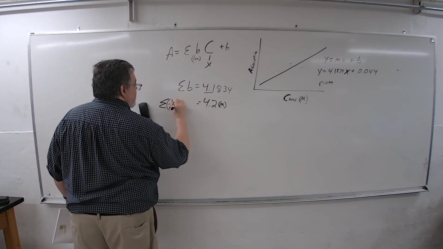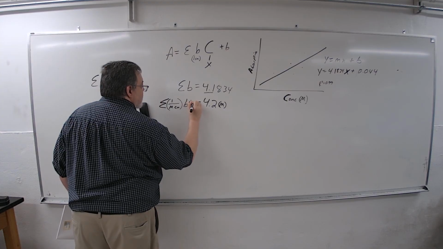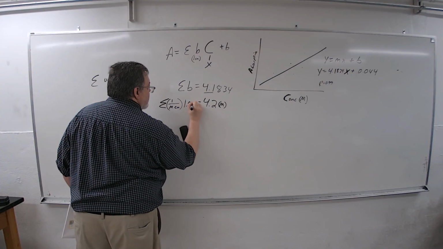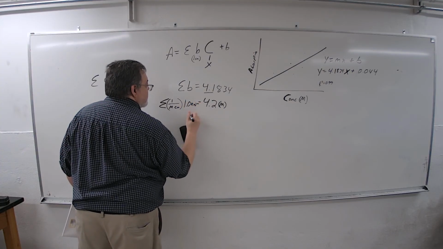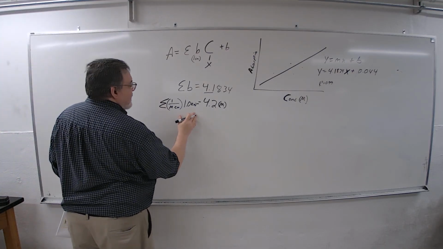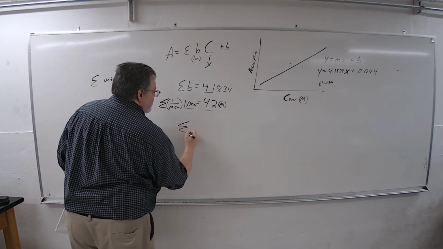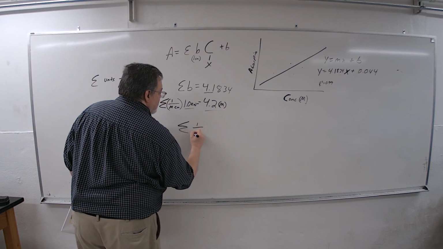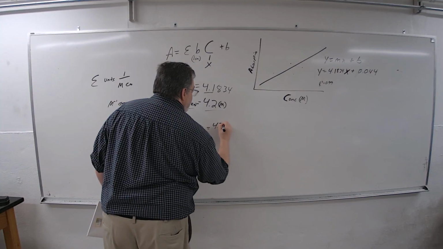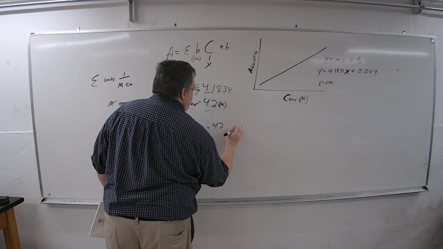No, I shouldn't do that. Let me do the algebra. That's concentration. Let me do the units like this. In molarity. And epsilon is 1 over molarity centimeter. And b is 1.0 centimeters.